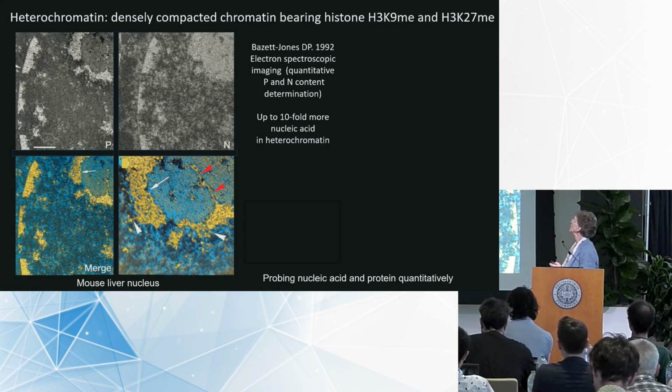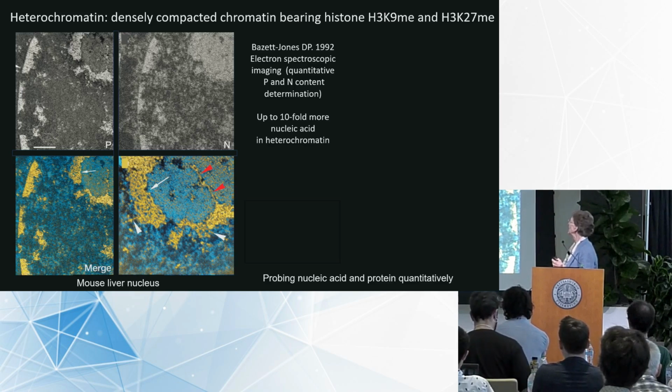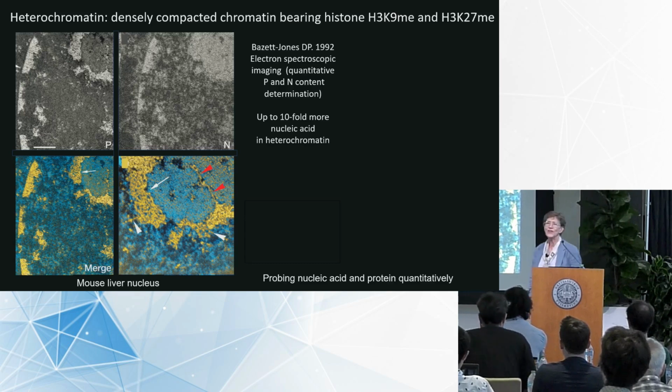You see the nucleolus, you see dense regions around the nuclear envelope. This is looking at the phosphate, which is much more the DNA or RNA, any kind of nucleic acid, and this is the merge. And you can really see that there is much more concentration of nucleic acid at the nuclear envelope and around the periphery.